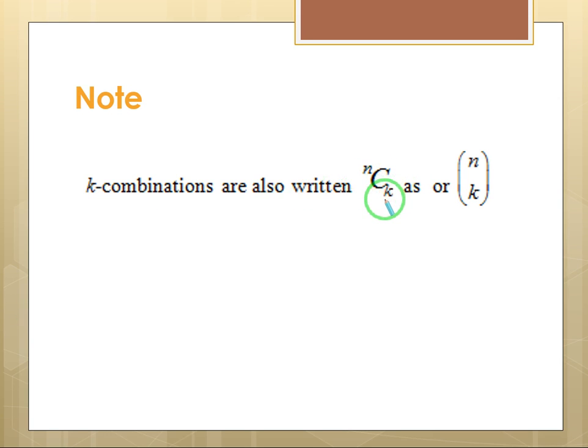This is the way we can represent it: nCk, a combination of a total of n elements with a selection of k. Or we can also represent it like this, n over k. Just keep this symbol in mind, because in different books we can see different notations.